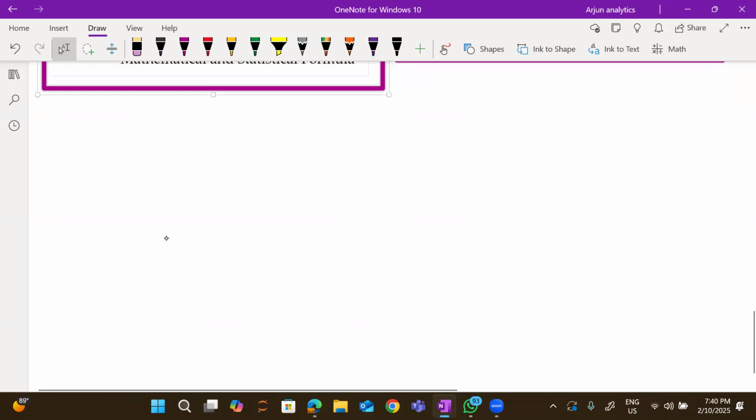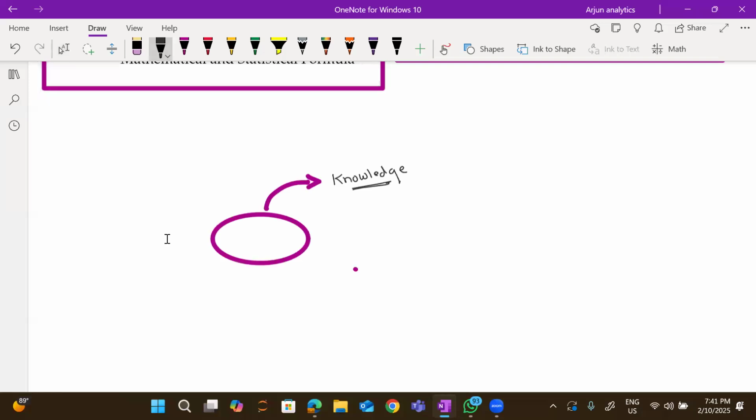This is your data and you do the necessary processing on the data. What do you get out of this? You get the knowledge out of this. Okay, this is about data science.